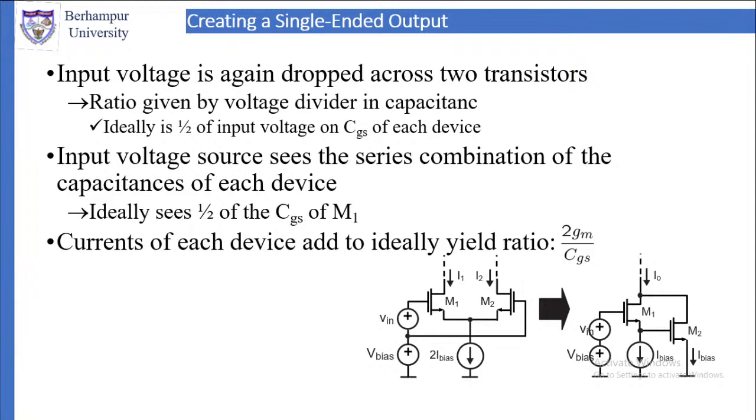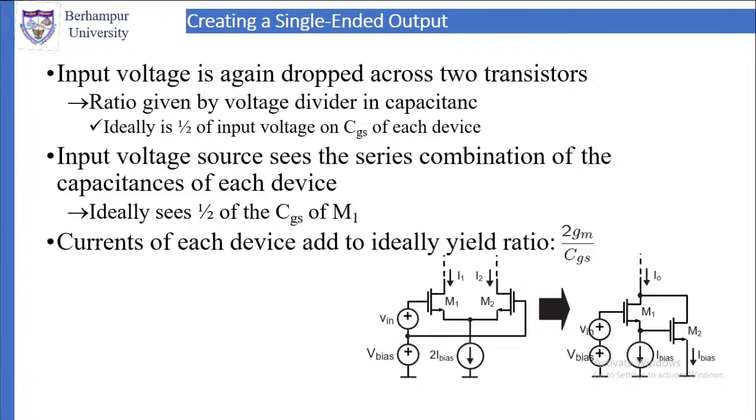When two capacitors C are connected in series, they give you 1 by 2 C. Net capacitance is 1 by 2 C. So ideally it will see 1 by 2 of the CGS of M1. Currents on each device will add to ideally yield a ratio of 2 Gm by CGS.